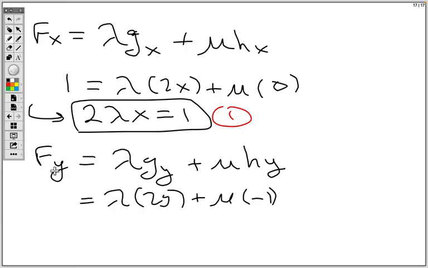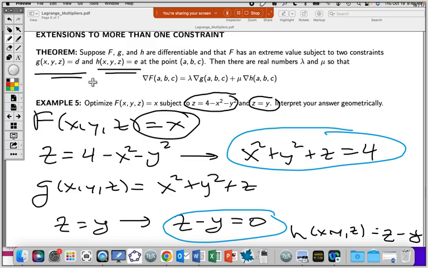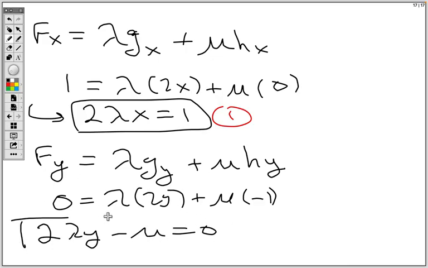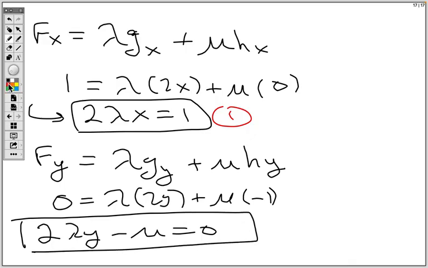And this is all equal to fy. But what's fy? There's no y's in here, so fy is what? 0. So here I get 2 lambda y minus mu is 0. That'd be equation 2.